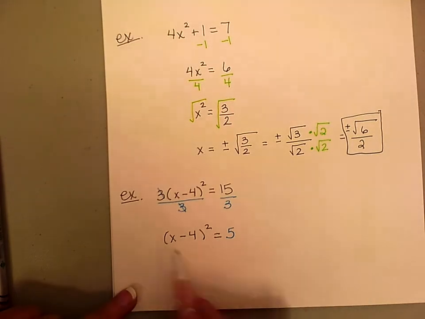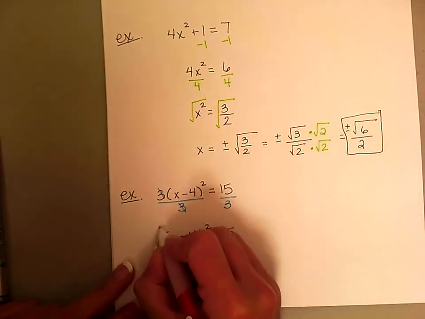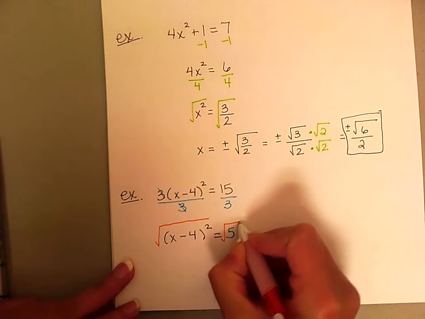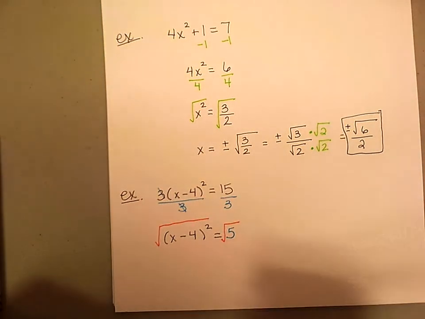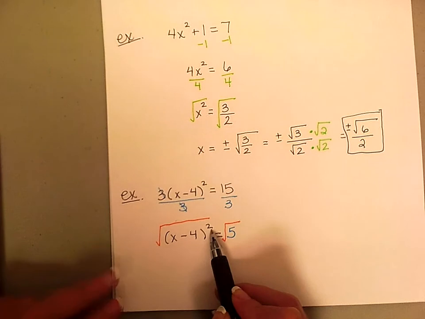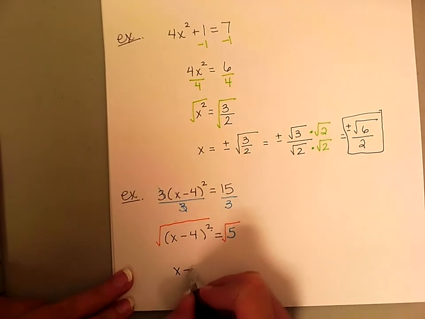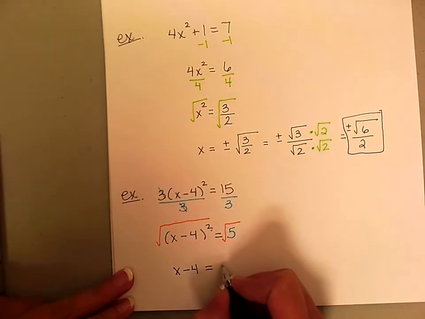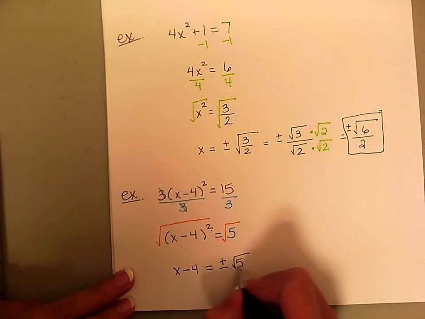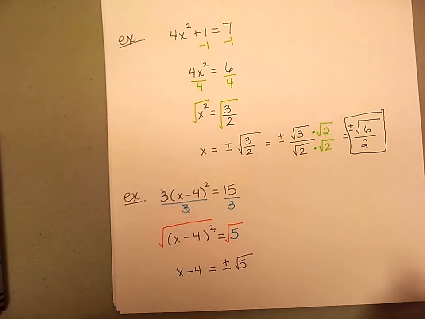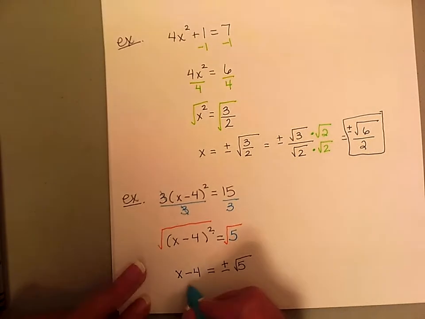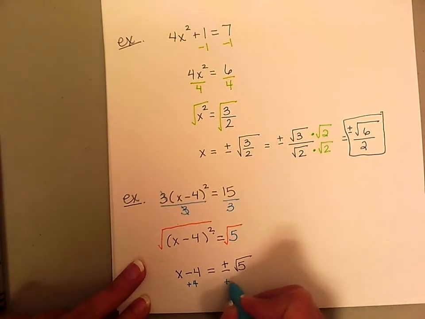Now that this is isolated, we can take the square root of the quantity on both sides. The square root will undo the squaring, so this is x minus 4 is equal to, and don't forget this, plus or minus the square root of 5. And now we've almost solved for x. Right now, 4 is being subtracted, so all I have to do is add 4.